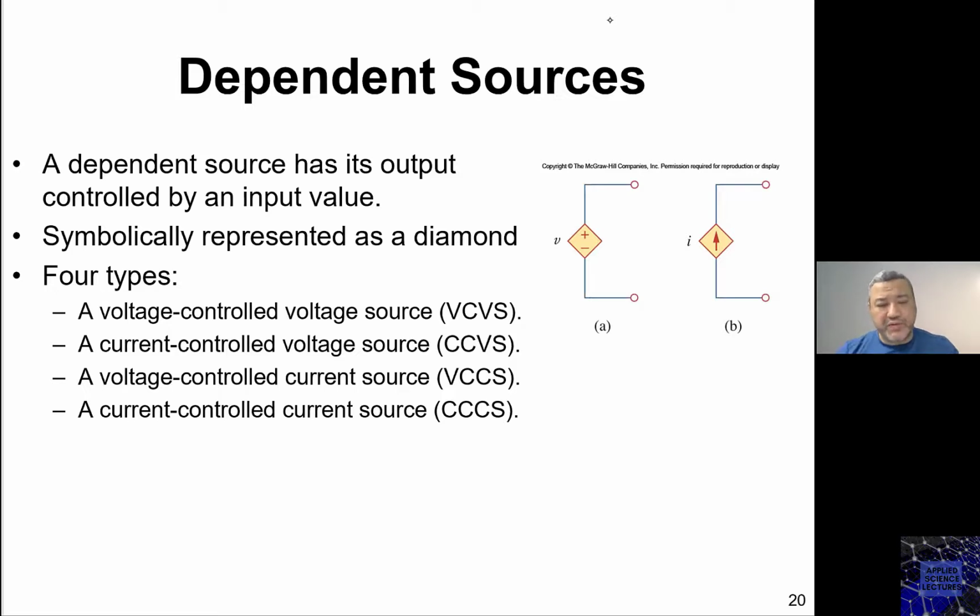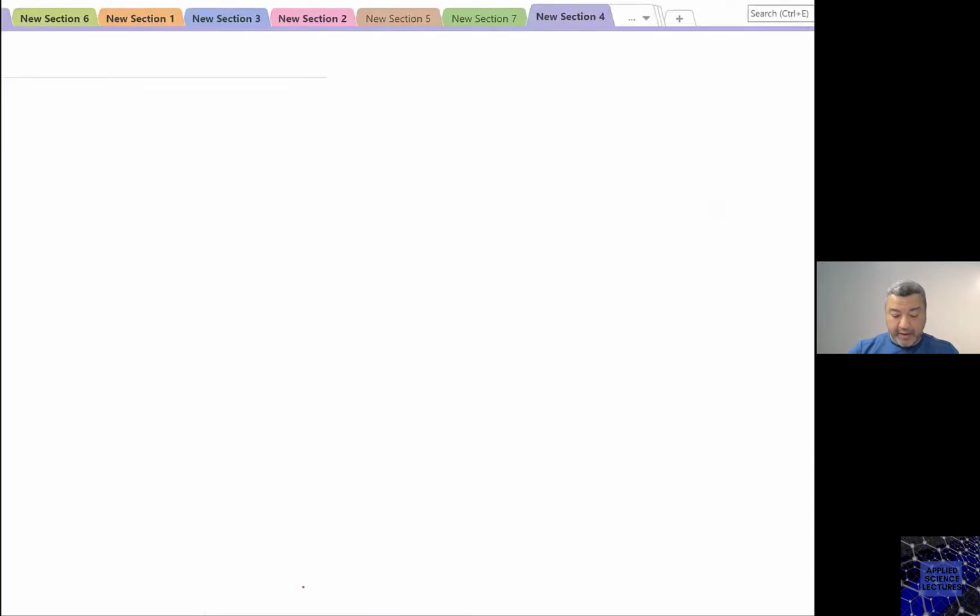The second type of sources that we'll be dealing with are called dependent sources. The difference between the dependent and the independent is the following.